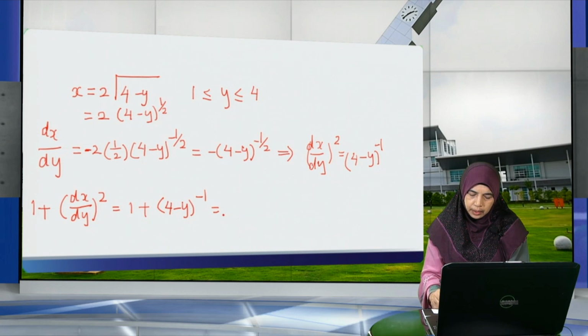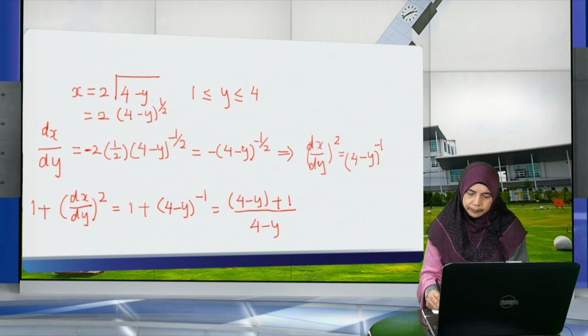So this is actually 1 over (4 minus y). We will get the same denominator, 4 minus y. The upper part will be 4 minus y, and we add 1, so we will get 5 minus y, divided by 4 minus y.